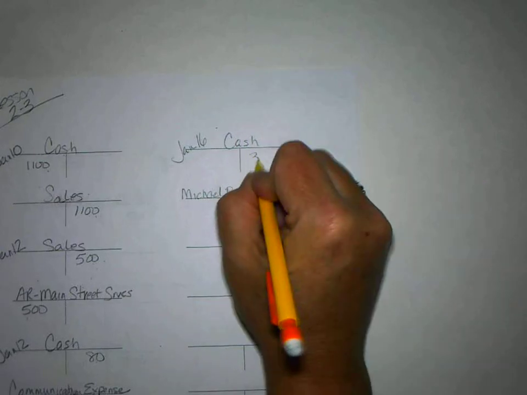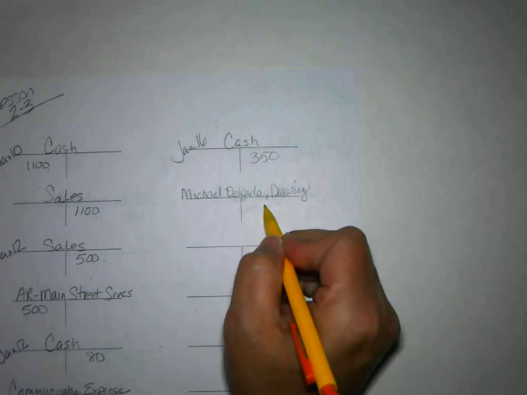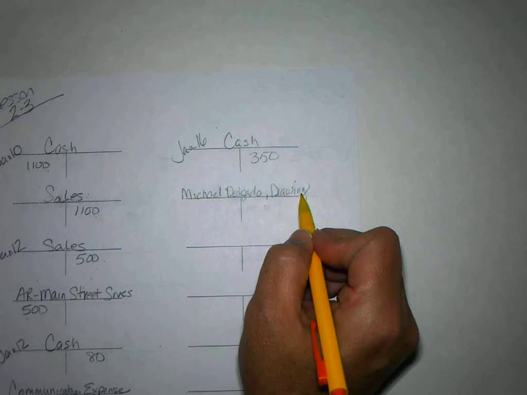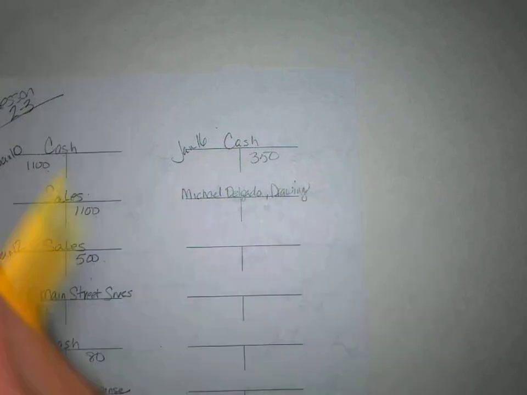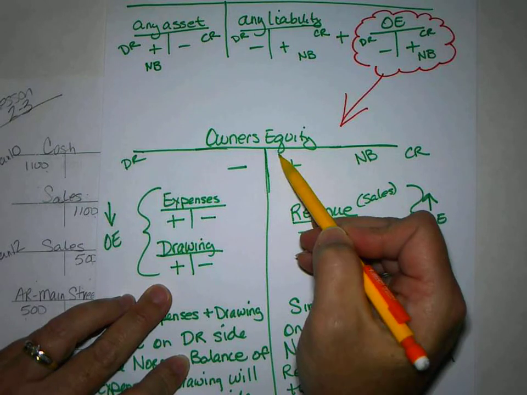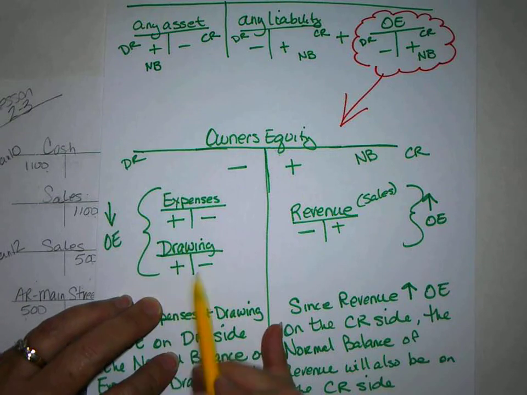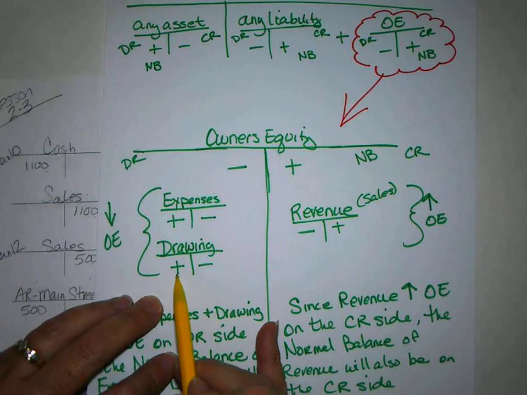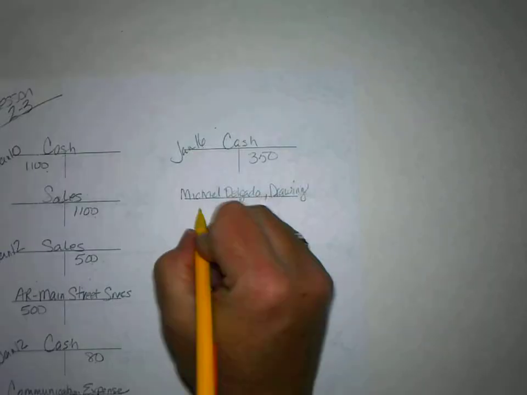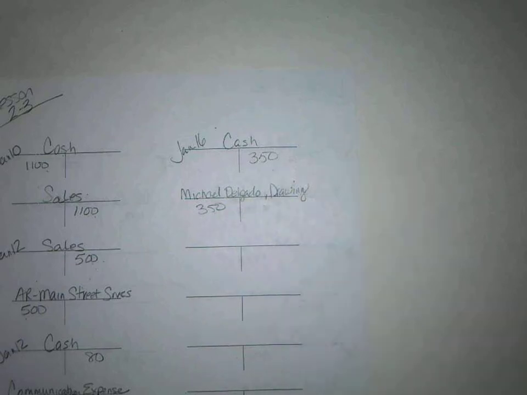He's going to take out $350, and we have to keep track of what he's taken out, which is going to increase drawing, but remember that drawing decreases owner's equity. So in effect, it is taking out from his owner's equity, but we're using the drawing account with a plus on the debit side to decrease it. Okay, so $350 there. One debit, one credit.